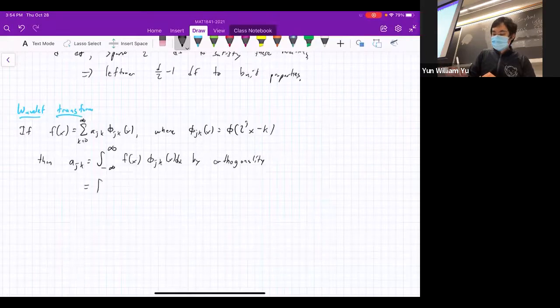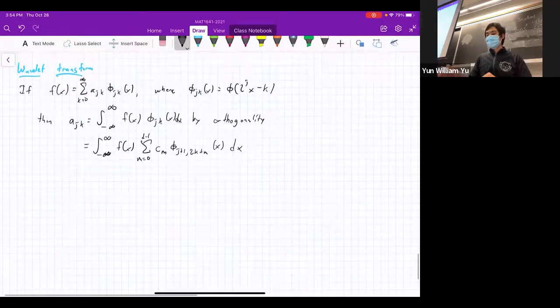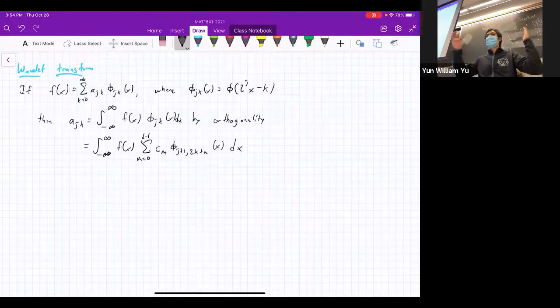And this is also equal to, well, we use our usual tricks, the integral from minus infinity to infinity of f of x times the sum over m equals 0 to d minus 1 of c_m times phi_{j+1, 2k+m} of x dx. Because of course you can write it in terms of the smaller scale.